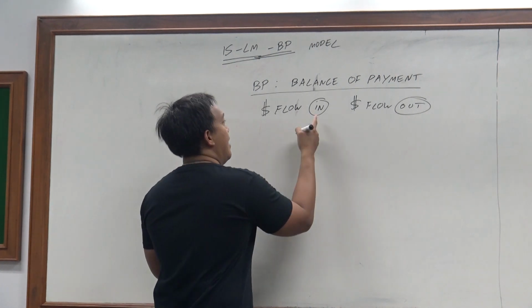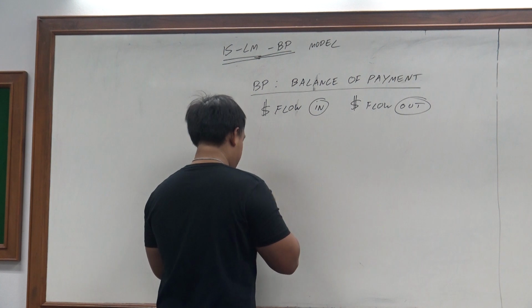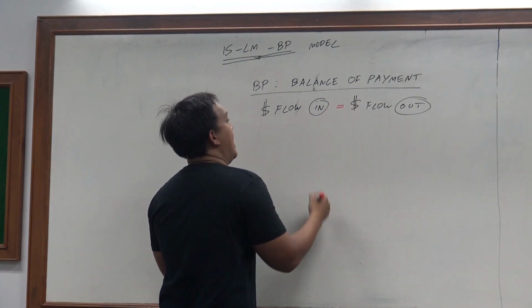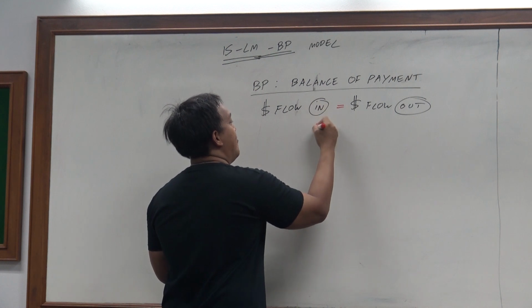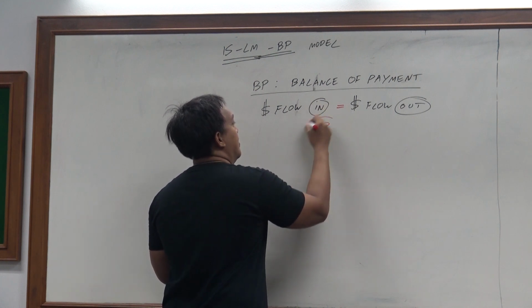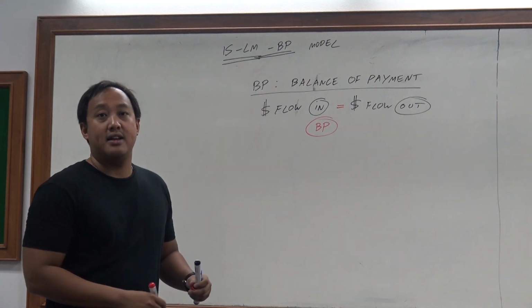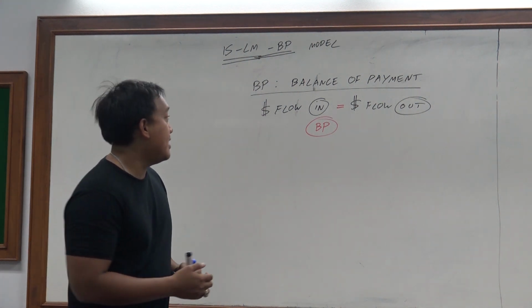If the level of money that flows in equals the level of money that flows out, it means that your country has a balance of payment.